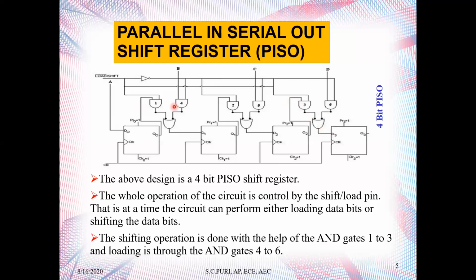So finally it is nothing but a shifting operation, isn't it? If you put here 1, it will be shifting operation. If you put here 0, there will be 1, so B, C, D and obviously here the A, that is A, B, C, D, will be fed directly to the inputs.